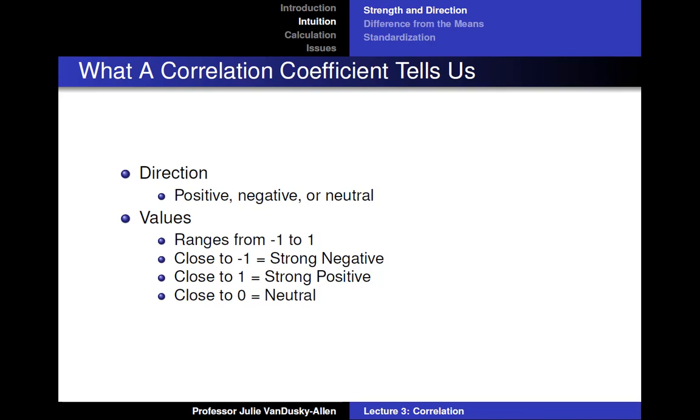In other words, as one variable increases, the other variable tends to almost always decrease. Correlation coefficients close to 1 indicate a strong positive relationship between two variables. In other words, as one variable increases, the other variable tends to almost always increase as well. Correlation coefficients close to 0 indicate as one variable increases, the other variable does not change.